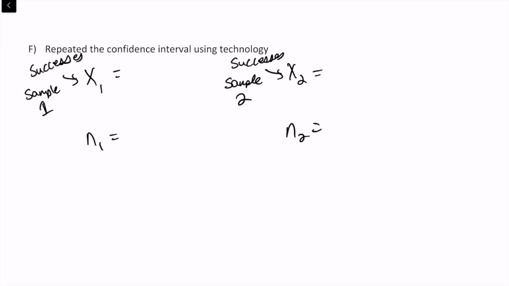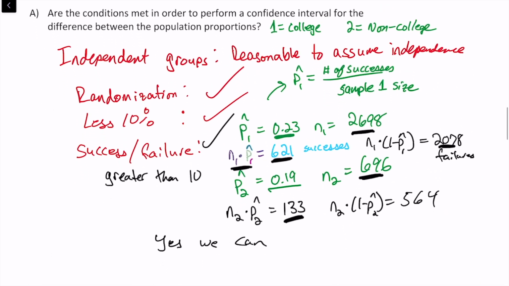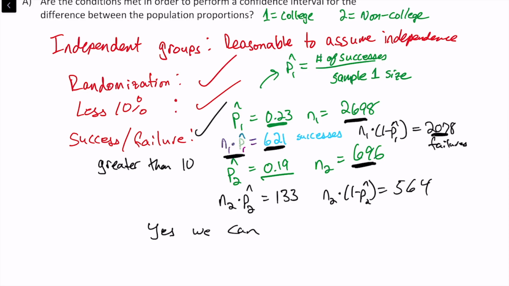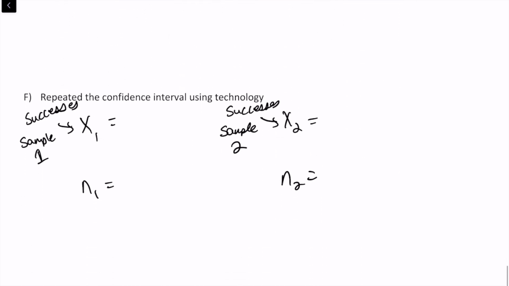All right, the beautiful thing is that we've already calculated those whenever we did our check on successes and failures. Remember that check at the very beginning, part A? So I'm just going to grab those values. Remember, N1 times P1 hat tells us the number of successes in sample 1. So 621, that's the number of successes in sample 1. So we have 621 as our successes for sample 1, 2698 as the sample size. So X1, 621, N1, 2698.